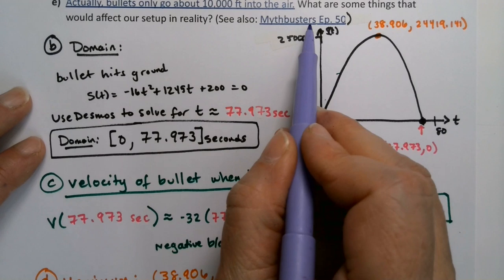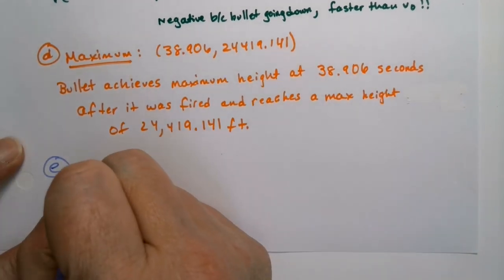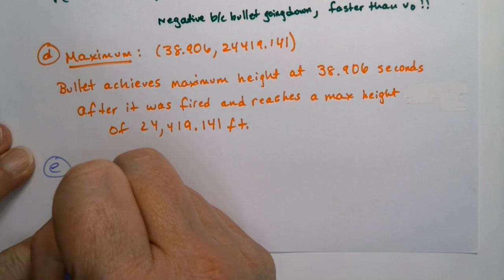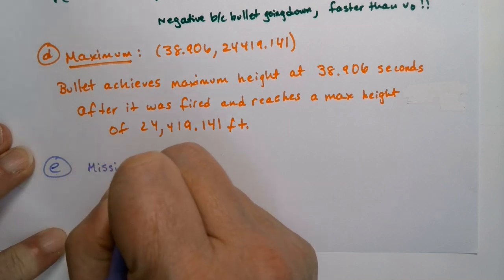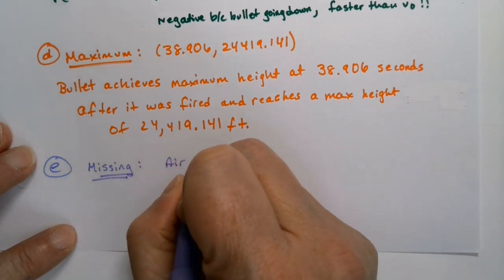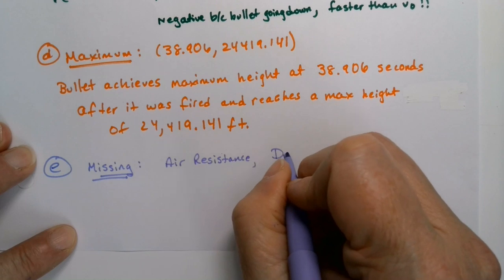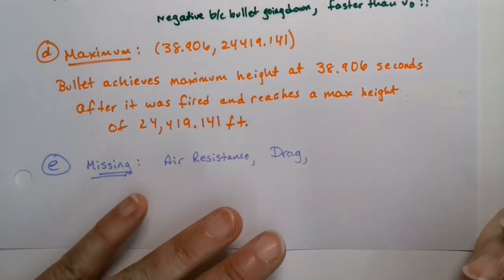So what are the things that we're missing? We're missing from this whole setup a few things. We're missing air resistance. Air resistance is the biggest one. And involved in that would be drag, right? How much drag the bullet has, which is a topic of some controversy that I'm not going to get into, how much drag bullets have.